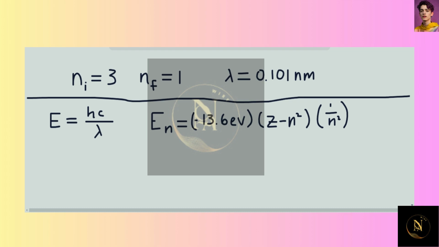The energy from this transition, E, is equal to hc over lambda. But it's also equal to E sub 3 minus E sub 1.